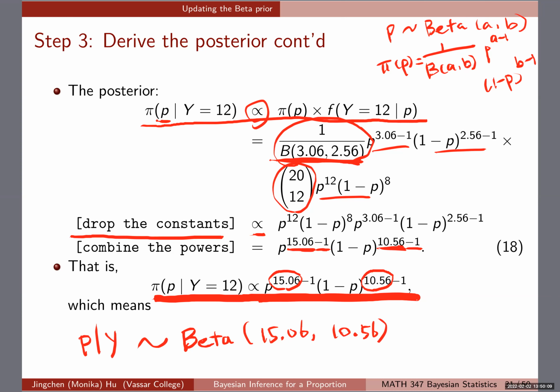So we're hand waving a lot of the details for now, because as you know, I dropped the constants, I combined the powers and everything. And I'm telling you almost at this point that if we can arrive at some kind of density looking like a beta density over there, we can recognize the A, we can recognize the B, and then we're almost done, recognizing that the posterior distribution is another beta distribution. Okay, kind of makes sense?